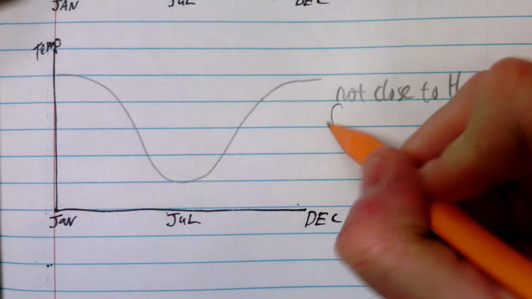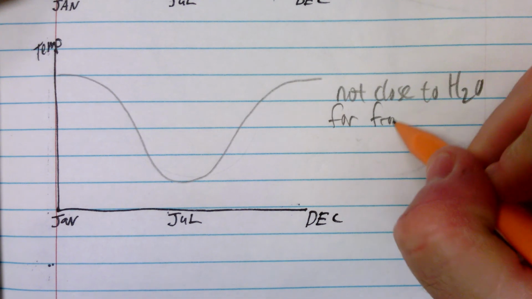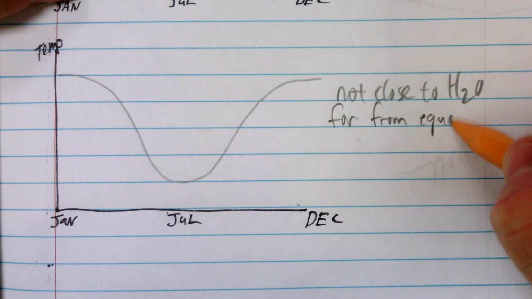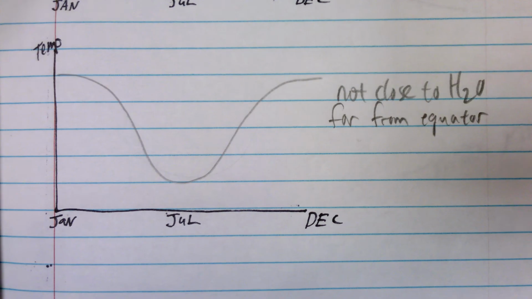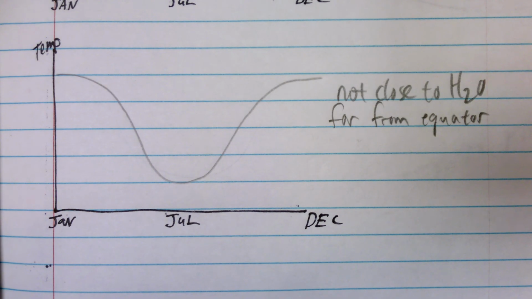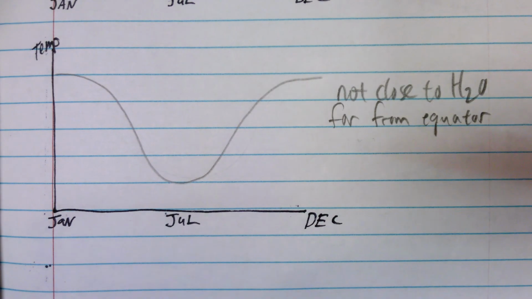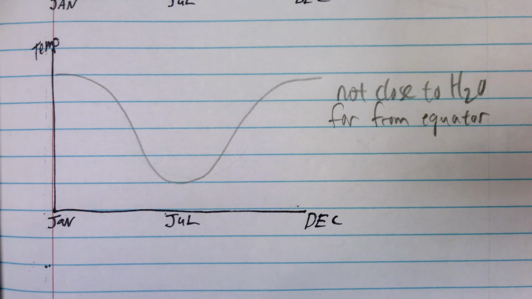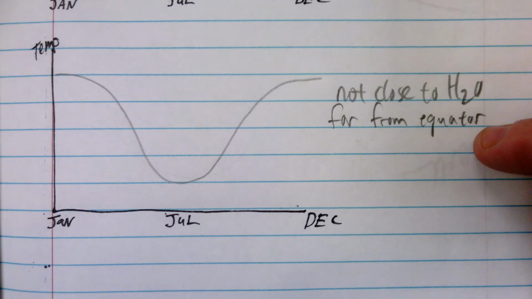It's probably pretty far from the equator, because it's got a pretty significant difference between January to July. So if your sunlight's changing that much, changing your temperatures that much, this is not a place that's at the equator. It can't be, because it's not flat enough.